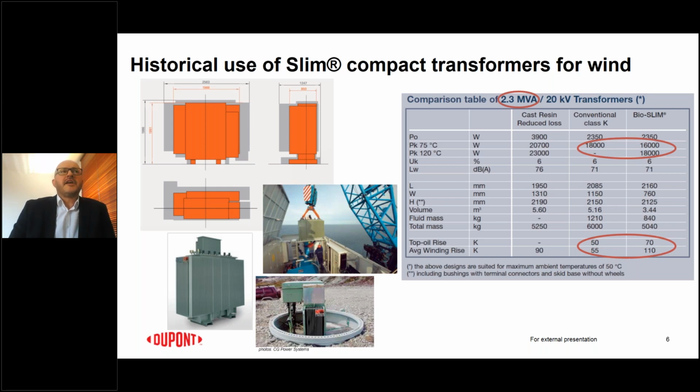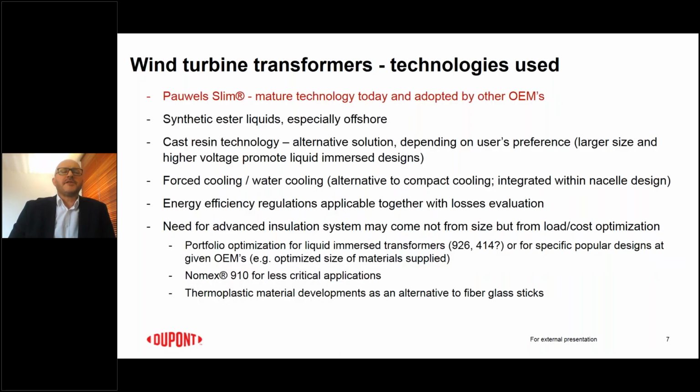Over the years, the power slim transformers became a mature technology. They became the benchmark for the technology and for compactness in transformers. The high temperature technology was adopted by other manufacturers producing similar products, and today many wind turbine manufacturers base their development of the turbines on this compact transformer technology.